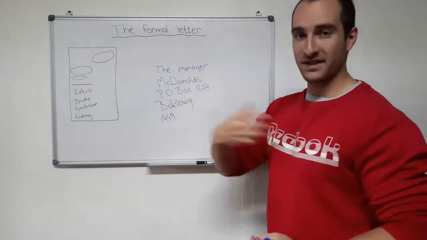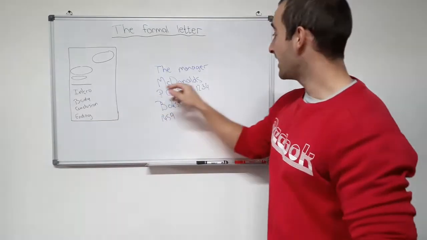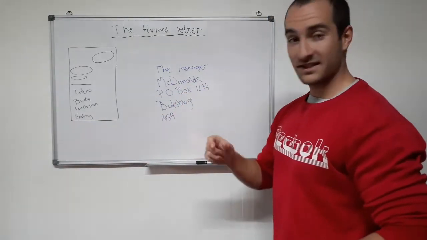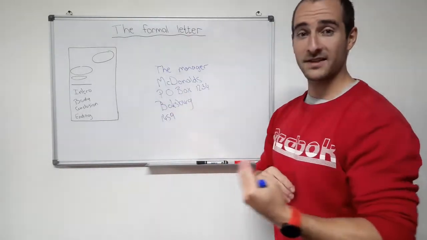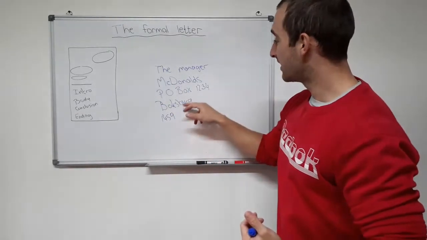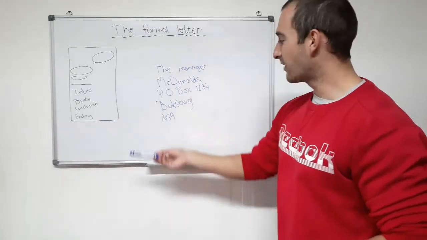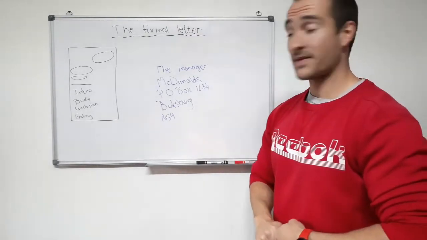So the manager, it's the job description of the person you are addressing the letter to. Then McDonald's, which is the company's name. PO box, that's the number of the box or the place where McDonald's goes to get their letters. Then the city, and then the postal code. You do not need to write down the date again because it's already written down under your address.